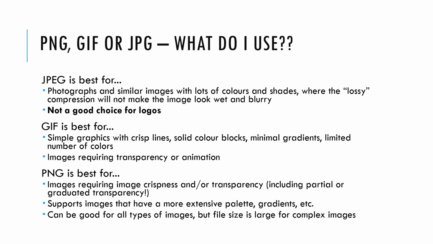So what do you use when? JPEG is best for photographs or anything that has a lot of color blends, a lot of shades, lights and darks, something where the human brain really can't notice a lot of differences between a little bit of compression and a full quality image.